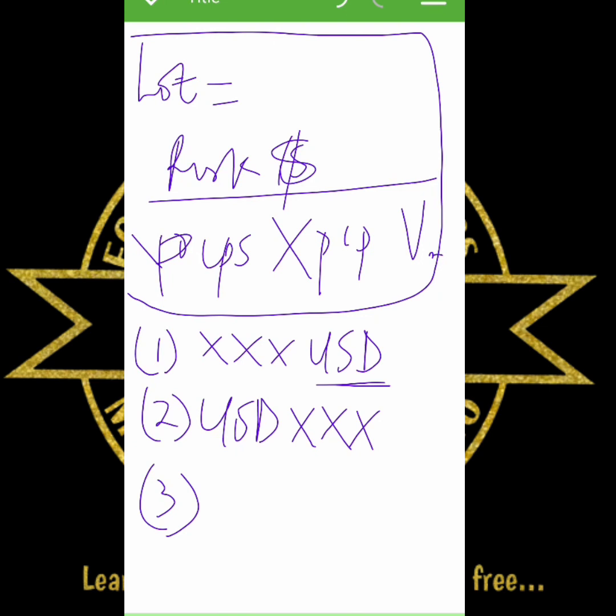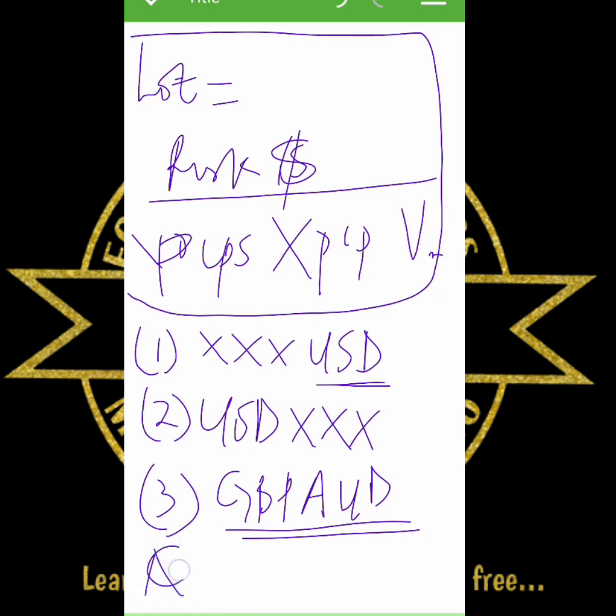For example, we'll have GBP AUD, GBP NZD, and so on and so forth. So those are the three categories we're going to look at.